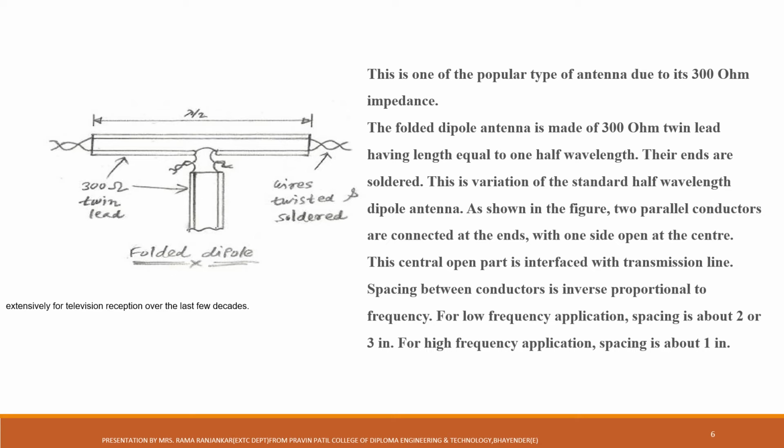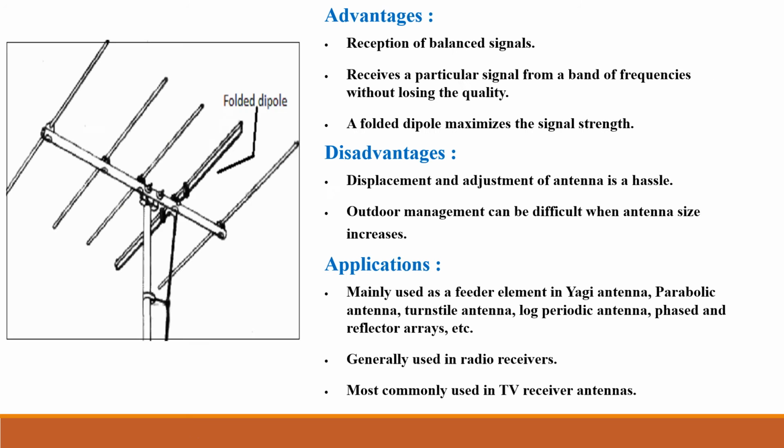This is a variation of the standard half wavelength dipole antenna. As shown in the figure, two parallel conductors are connected at the ends with one side open at the center. The central part here is open, and the transmission line is connected here. The spacing between the conductors is inversely proportional to the frequency.